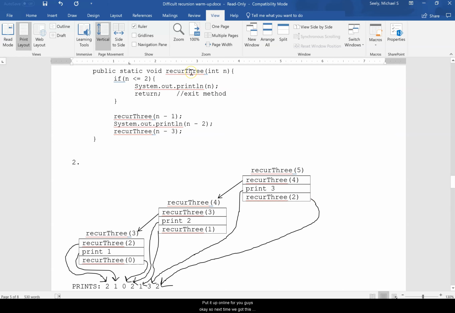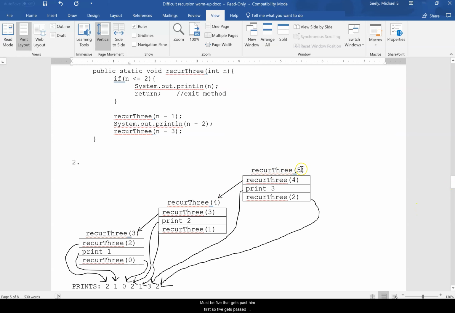Okay, so next one we've got recur 3. If n is less than or equal to 2, then we print n and we return. Otherwise, recur 3 with n minus 1. It must be 5 that gets passed in first.